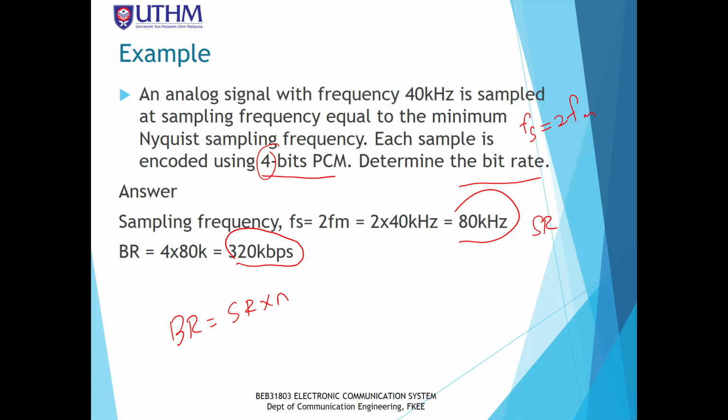So in this case, we assume that it is using the rectangular pulse. Okay. So therefore the bandwidth is equal to the bit rate. Okay. Here it did not ask for that, it asked only for the bit rate. But if we also want to find the bandwidth, we can say the bandwidth is equal to the bit rate, which is 320 kilohertz.